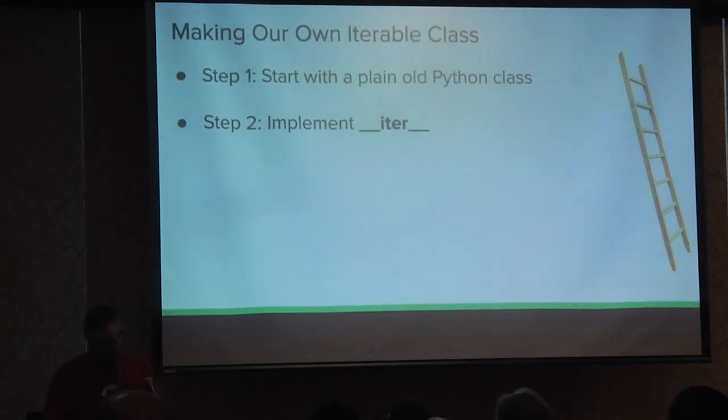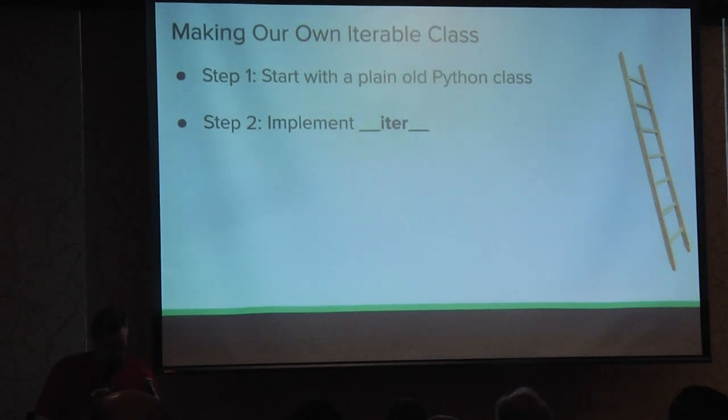Okay, so how do we make our own iterable class? Well, the first thing you do is you start with a class. It doesn't have to be special. You don't have to inherit from any particular object or anything like that. You just create a regular old Python class and you implement the iter method.